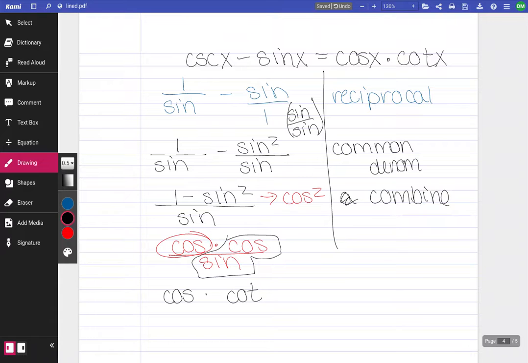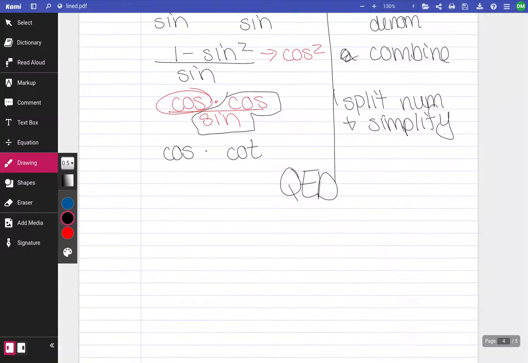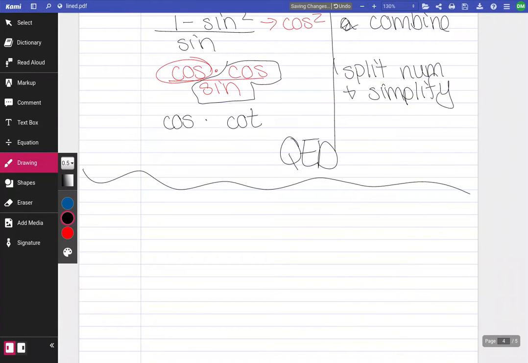So what would I call this? Split numerator and simplify. I have gotten to where I want to be, so I'm going to write in QED, and I am set.